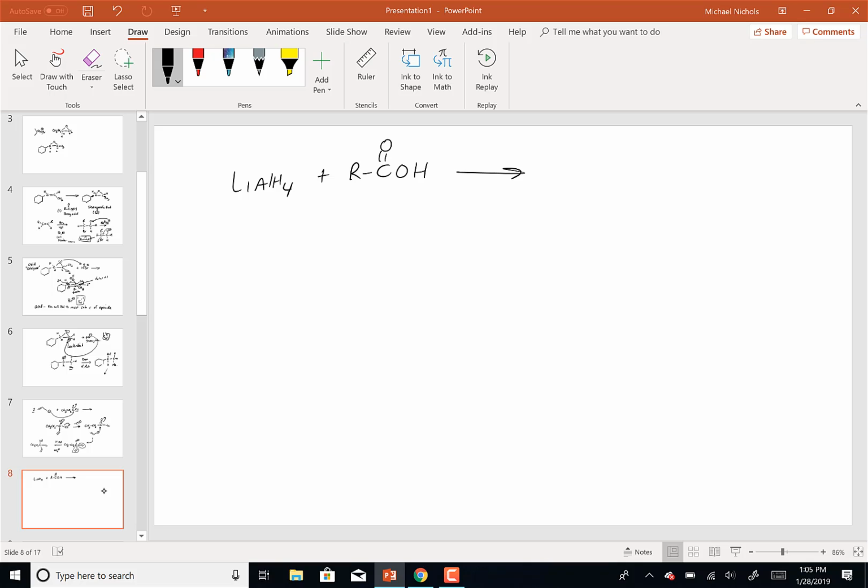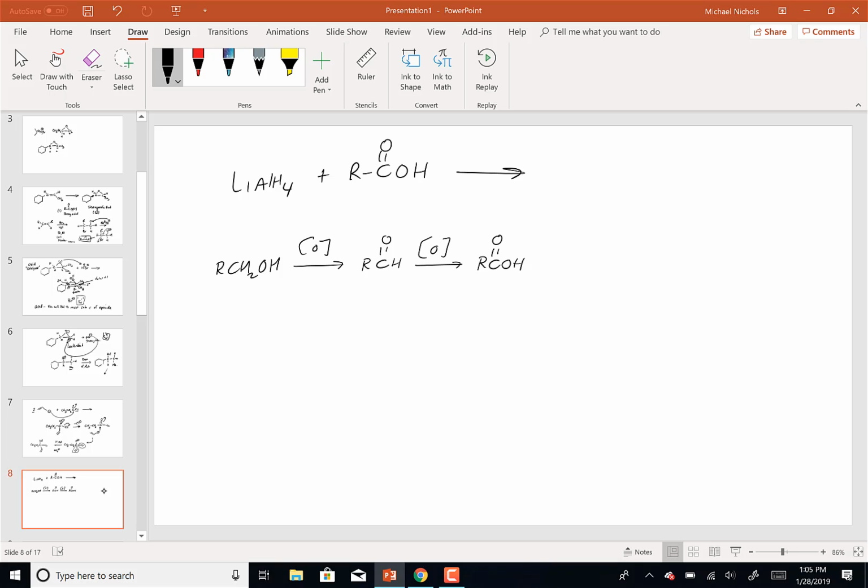In your oxidation reduction scheme of primary alcohol, if you take a primary alcohol and you oxidize it, you first form an aldehyde, which then you can oxidize again to form the carboxylic acid.